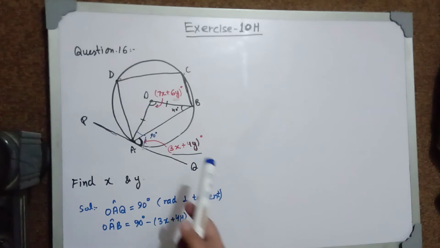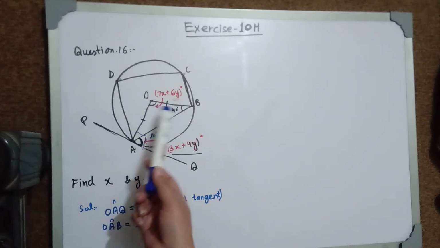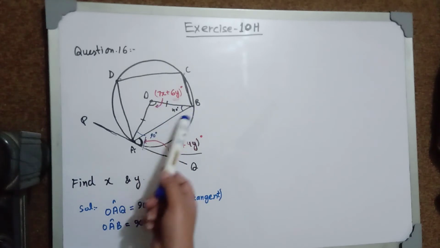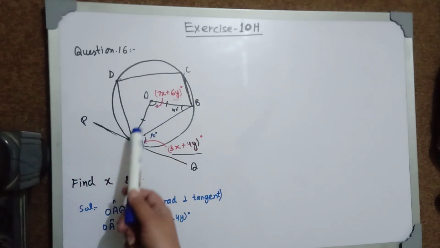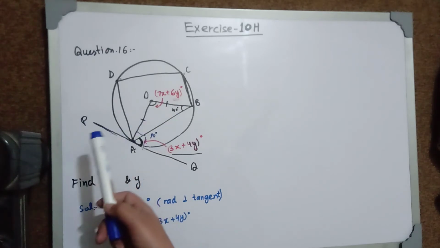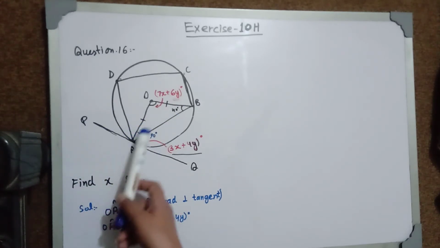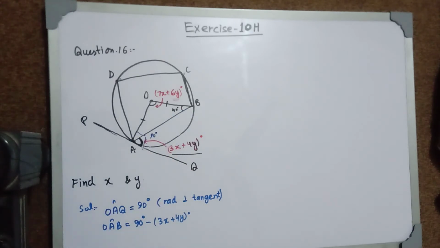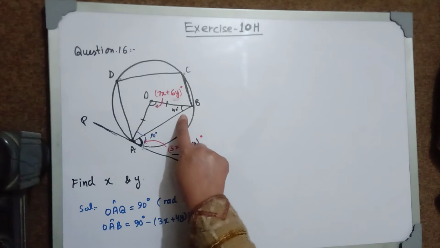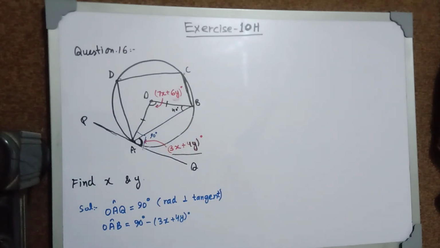Now again, if we look at this triangle OAB, the angle OBA is given, which is 40 degrees, and we know that the base angles are always equal in an isosceles triangle, which means that the angle at A and the angle at B are equal. So OAB is equal to OBA, and OBA is 40 degrees. So I'm going to put that OAB is also equal to 40 degrees, which is equal to 90 minus (3x plus 4y).